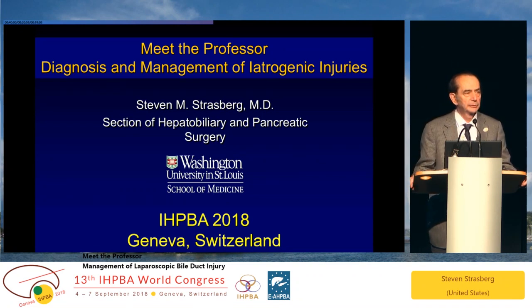You probably would never do that injury yourself because it means you're way away from where you should be doing a cholecystectomy. But yes, if you are an HPB surgeon and you do hepaticojejunostomies and you see it right at the time of surgery, then it's available to be repaired.